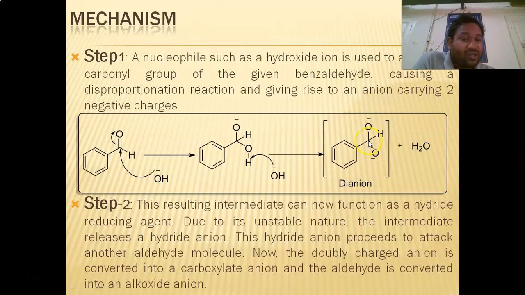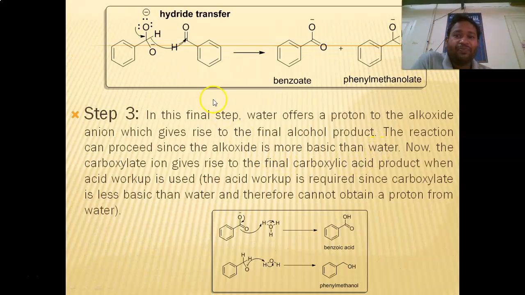The carbon in turn abstracts electrons from the hydrogen, which becomes very weak. So this hydrogen goes as a hydride. In the second step, this hydride attaches to another benzaldehyde by nucleophilic addition across the carbonyl carbon.